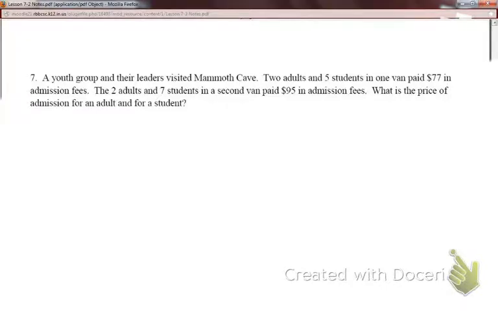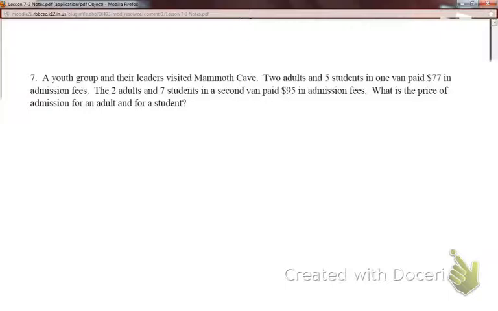All right, here we have a story problem about a youth group and their leaders. They're going to visit Mammoth Cave. It says 2 adults and 5 students in one van paid $77 in admission fees, and the 2 adults and 7 students in a second van paid $95 in admission fees, and we want to figure out the price of admission for an adult and for a student.